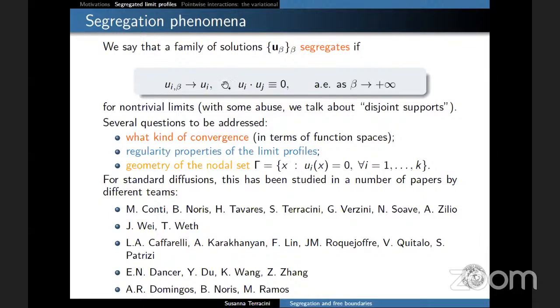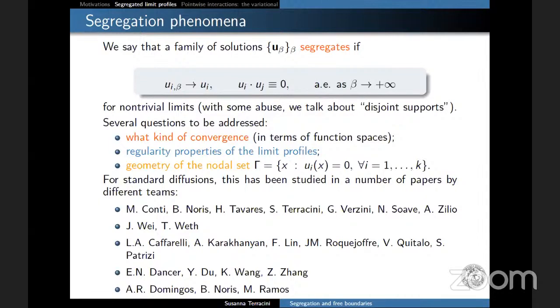In general, in our application they will be continuous functions. So if one of the components is non-zero at a point, then all the others must be zero there. And we address questions about the kind of convergence as beta goes to infinity, the regularity properties of the limiting profile, and the geometry of the nodal set.